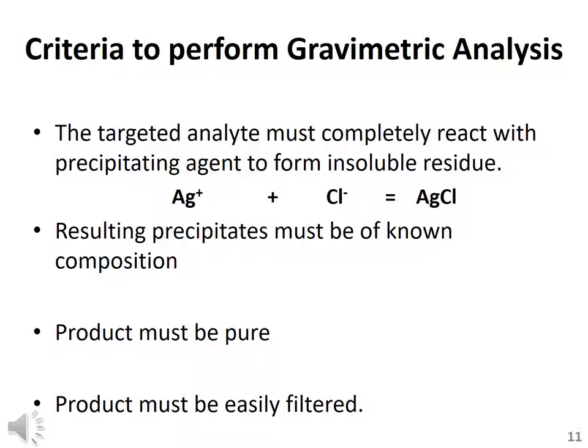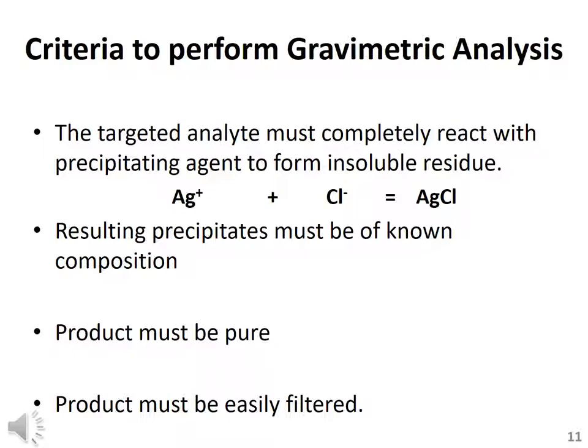It means the analyte that you are going to analyze, that targeted compound, must be completely ionized into the solution. And if that compound is available in the ionized form, then this ionized form of that compound will react with the precipitating agent completely to form a solid insoluble residue.